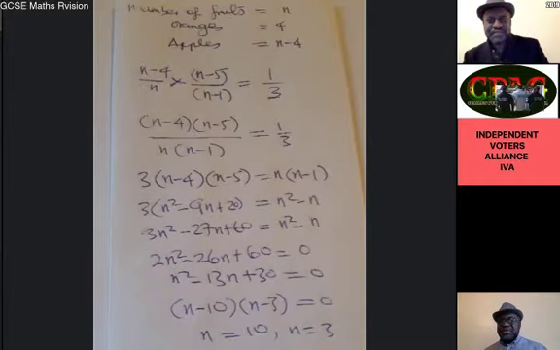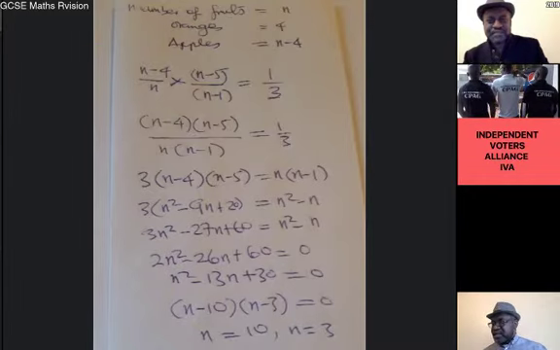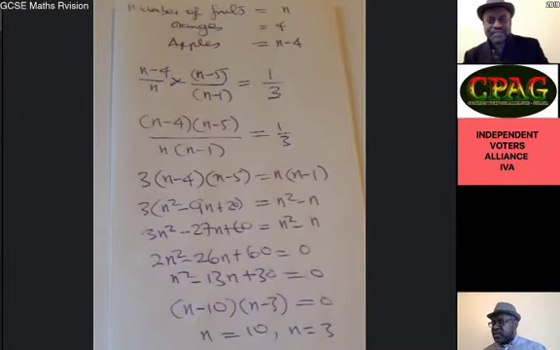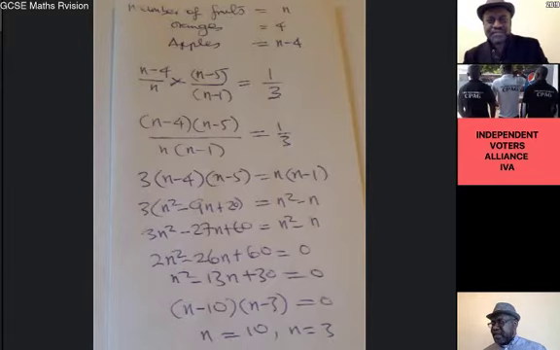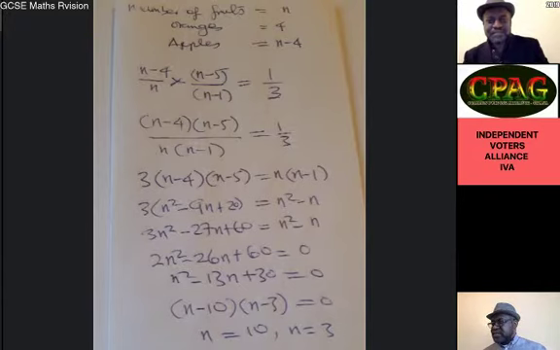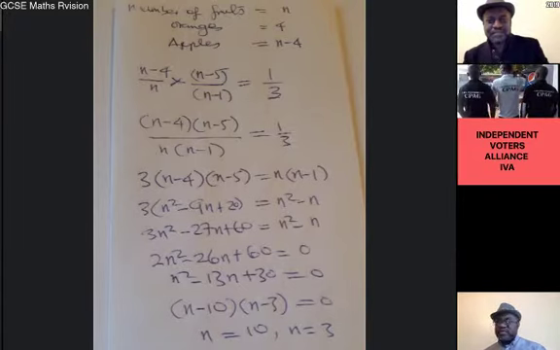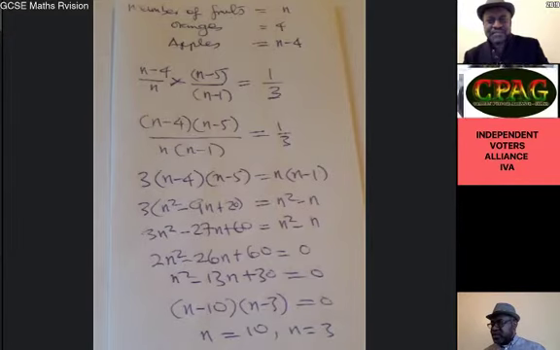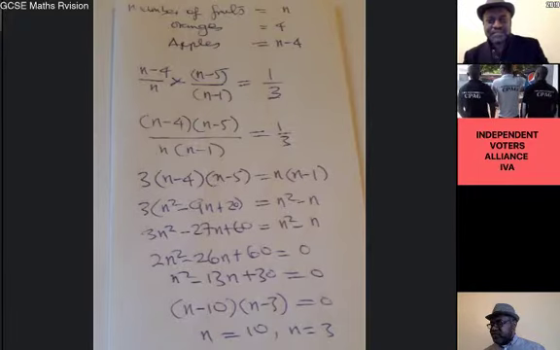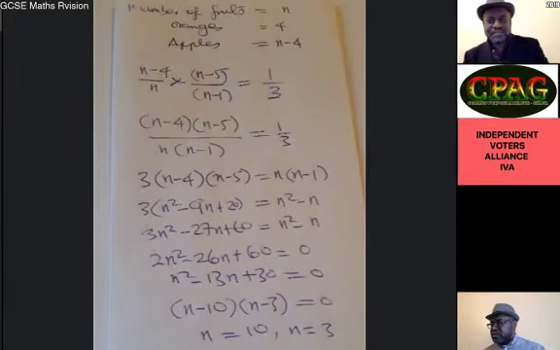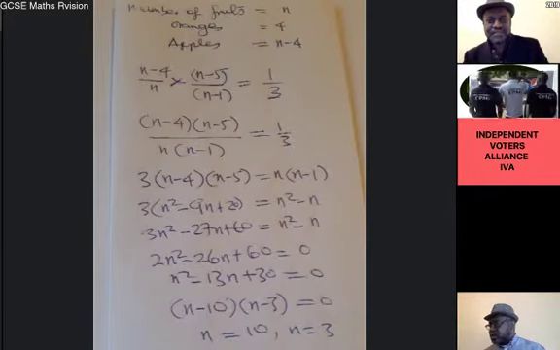And so when you simplify it, you're going to get (n minus 4)(n minus 5) over n(n minus 1) equal to 1/3. When you expand it, you're going to get 3(n minus 4)(n minus 5) equal to n(n minus 1).